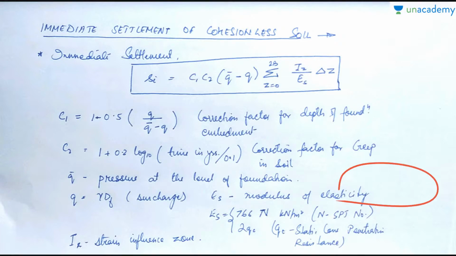SPT number, standard penetration test number, and it is actually equal to 2QC if you are performing static cone penetration test, where QC is the static cone penetration resistance. You can take the value of ES either from the standard penetration test or from static cone penetration test. Now let's see what is IZ. IZ is your strain influence zone.